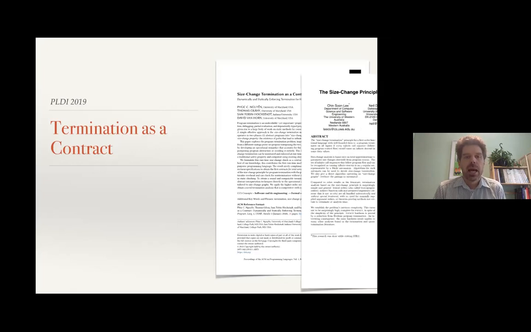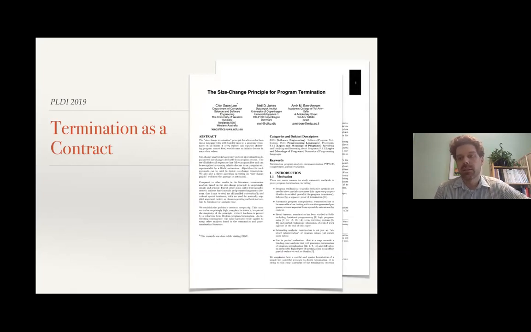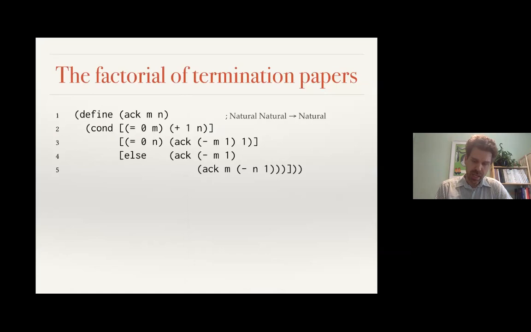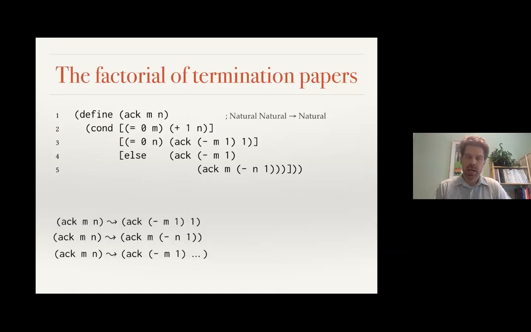Okay, and this was based on a fairly famous POPL paper, I think from 2001, about a static principle for proving your programs terminate called the size change principle. The idea of that paper in a nutshell is you take your program and you think about the call graph of the program.